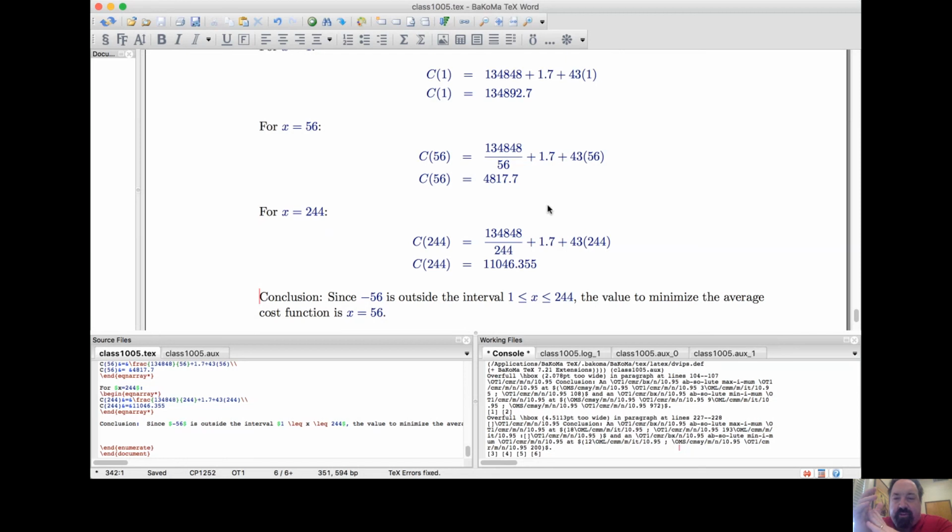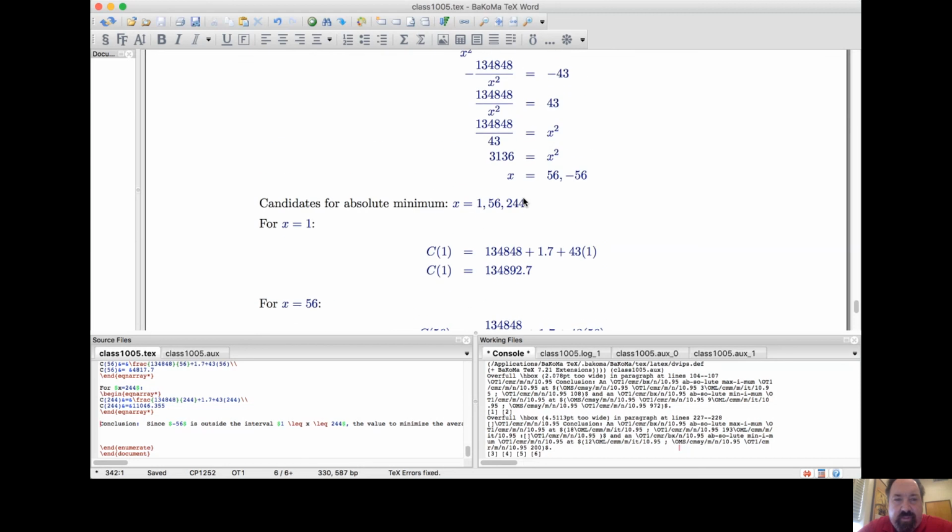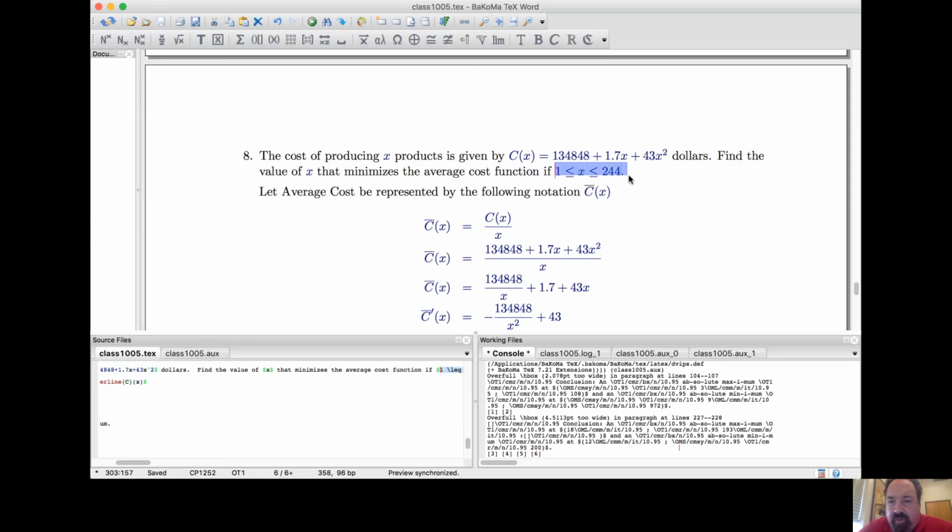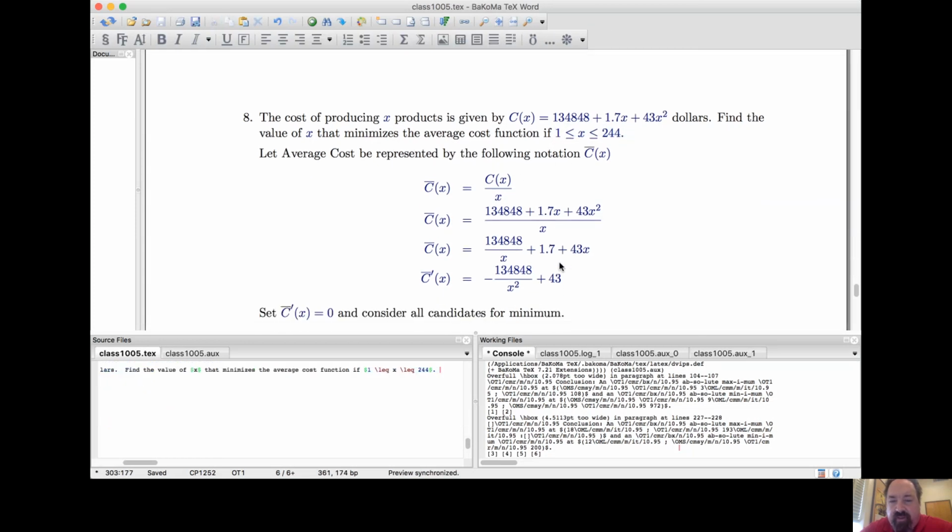So be sure to distinguish these types of problems so that you follow a proper procedure for each one. And that's why it's important to pay attention to the way in which the problem is worded. Some will ask for absolute extrema, or you're trying to find a value of x that maximizes or minimizes some function on some range of x values. So that's when you're going to follow the procedure shown today.